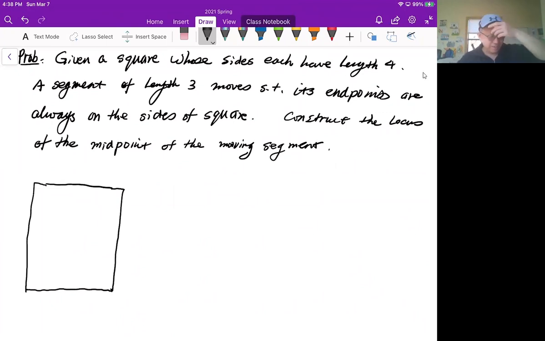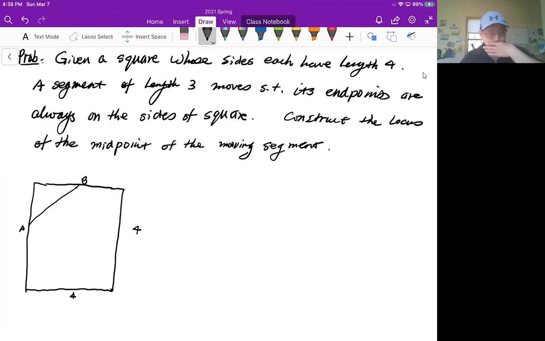Now I want to have a stick, a segment, of length 3. So this is the stick here, AB. But the stick is moving.